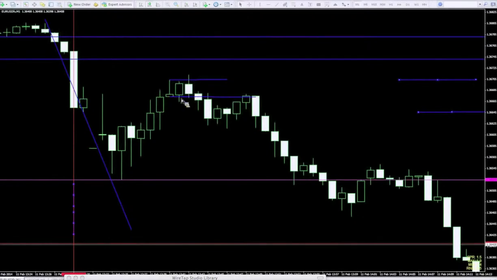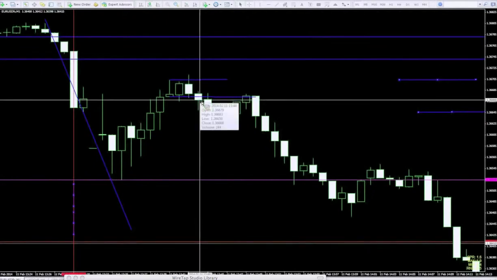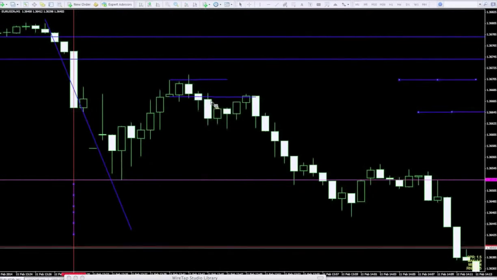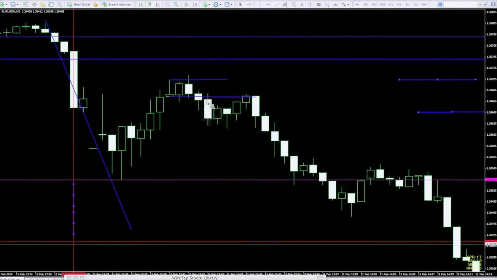So the second way to enter this is by looking for another price trap. All right, and the same rule applies. We enter at the open of the next candle after the price closes below the trap. Let me say that again.